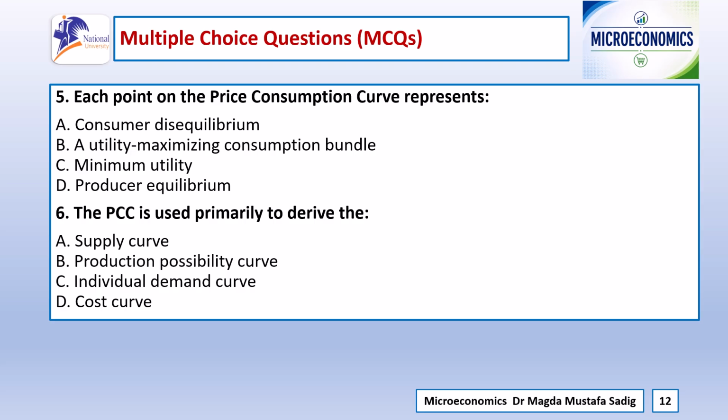So these equilibrium points provide the price and quantity combinations needed to derive the individual demand curve. Finally, the demand curve slopes downward because consumers buy more when prices fall and less when prices rise.